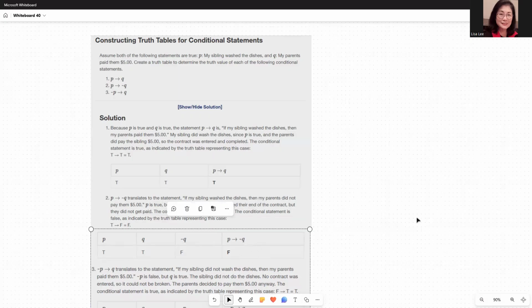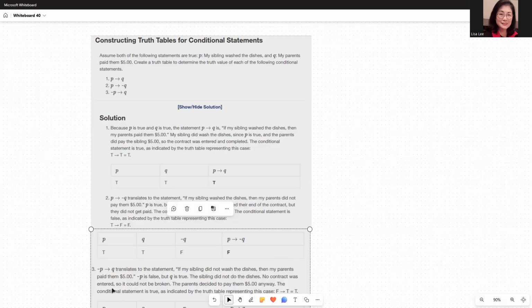One more try is not P implies Q. If my sibling did not wash the dishes, then my parents paid them $5. Not P is false, but Q is true. The sibling did not do the dishes.